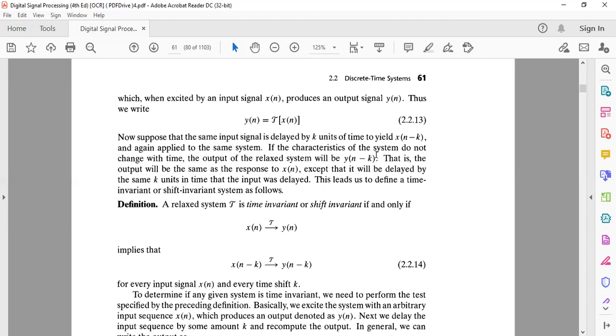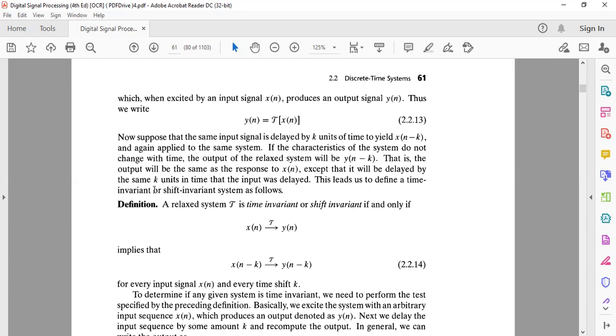If the characteristics of the system do not change with time, the output of the relaxed system will be y(n minus k), and the output will be the same as the response to x(n), except that it will be delayed by the same k units in time that the input was delayed.